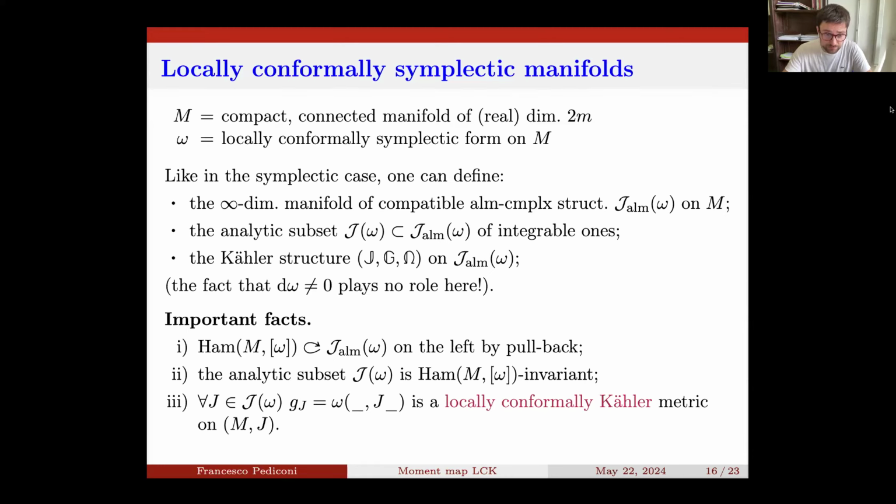And as before, whenever you vary J inside this space of complex structures, you obtain some Riemannian metrics g_J that are not going to be Kähler this time, but are going to be locally conformally Kähler as we want. Okay, so up to now the framework seems to be promising.